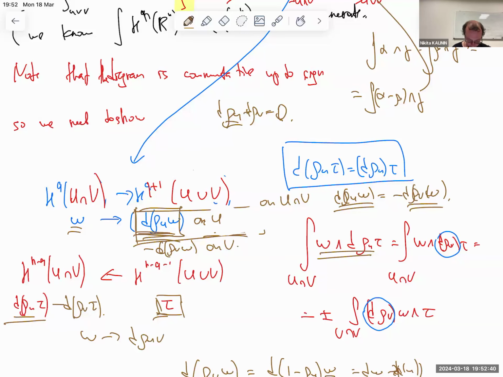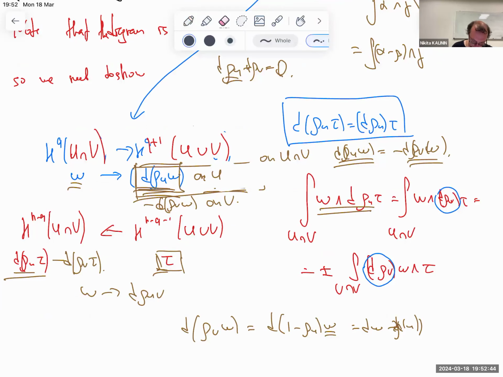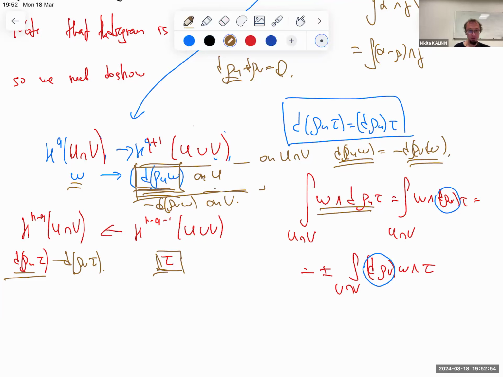Right. So let me say it like that. Here, no, I think it was correct. What I mean here is that if I have tau, I can take this map, d upper star of tau.